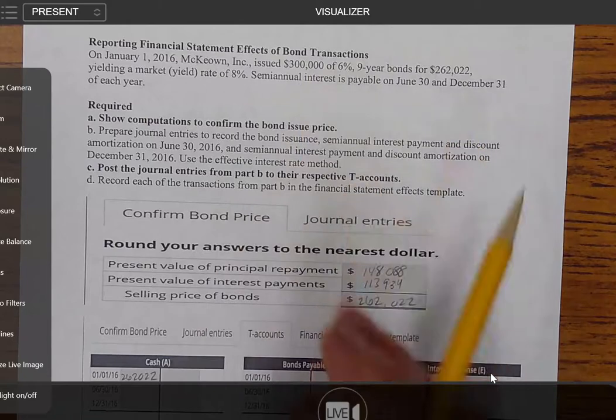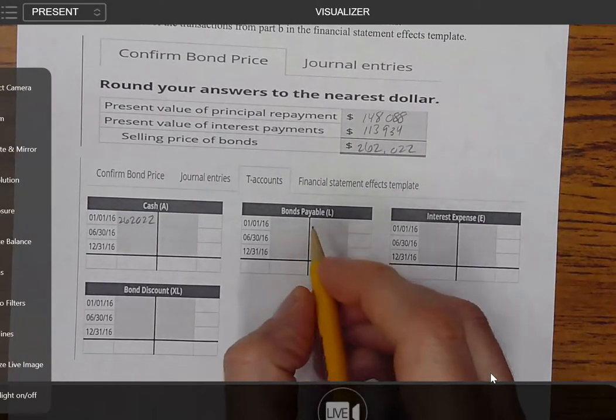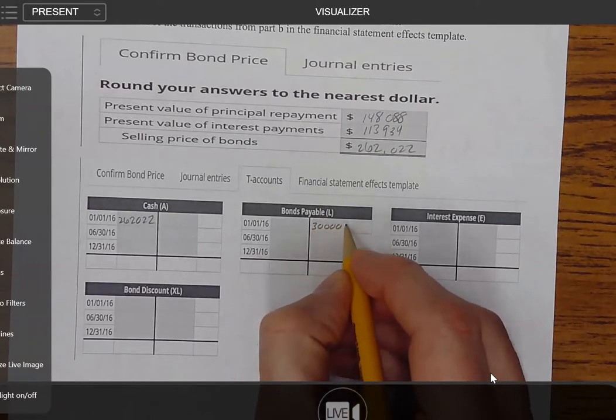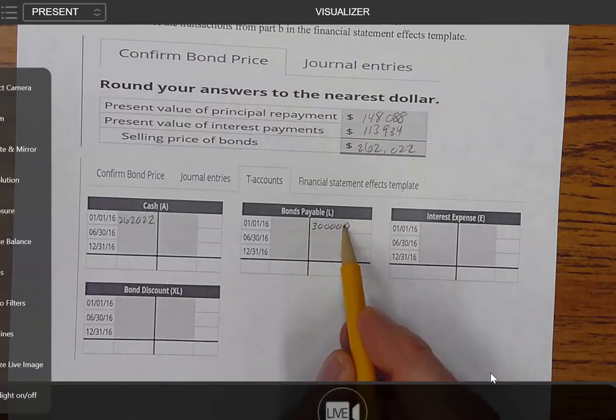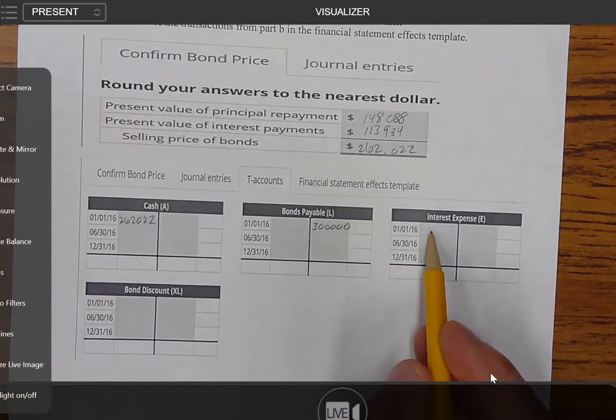It's $300,000. So also on the 1st, we're going to come over here and we're going to record a $300,000 liability. And do note that I did that over here on the right side of the T account. We do not have any interest expense at the time that we issue these bonds because no time has passed.